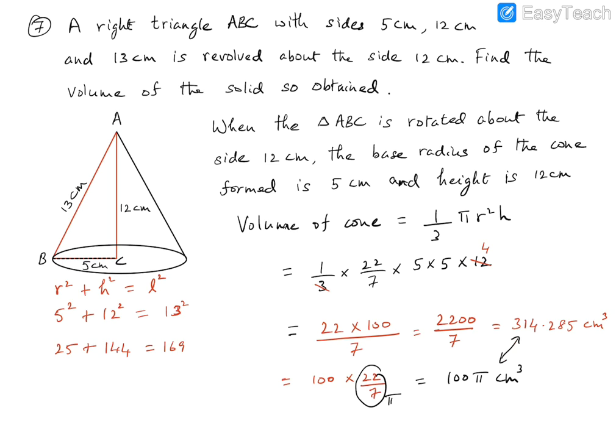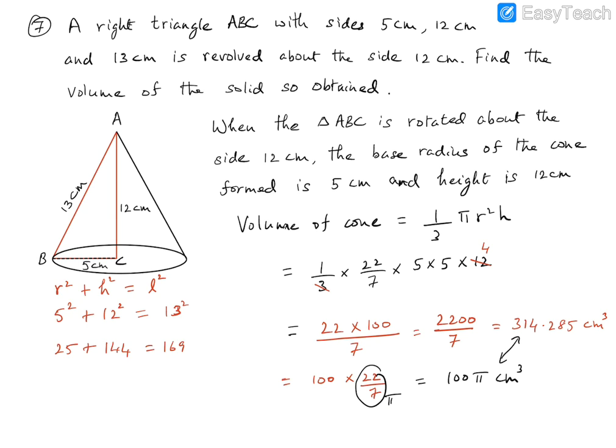If we substitute pi as 22 over 7 and multiply, we get 314.285 centimeter cube, or if we keep pi as it is, we get 100 pi centimeter cube. Both the answers mean the same thing. So we have obtained the volume of the cone.